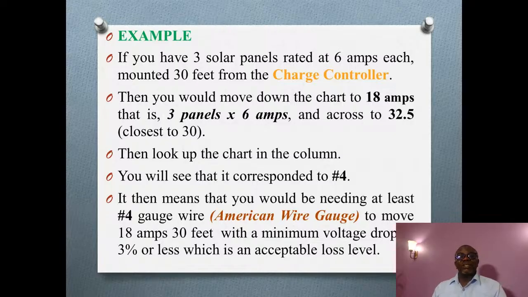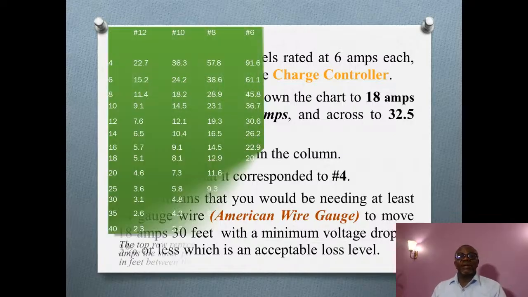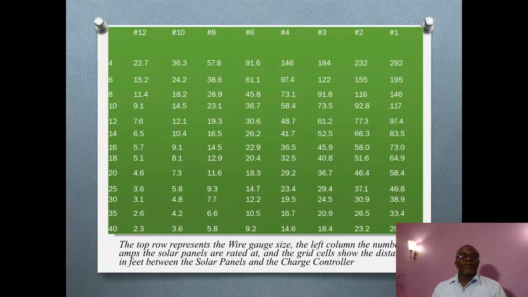What we will do is go to that table. We are told 3 panels, each giving a current of 6 amps. So the total amps will be 6 times 3, which is 18.